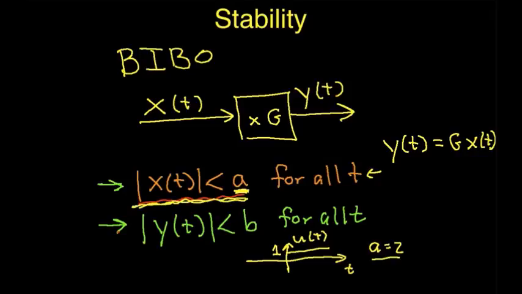Okay, so let's assume that we have some arbitrary input x of t where this inequality is satisfied for some value of a.